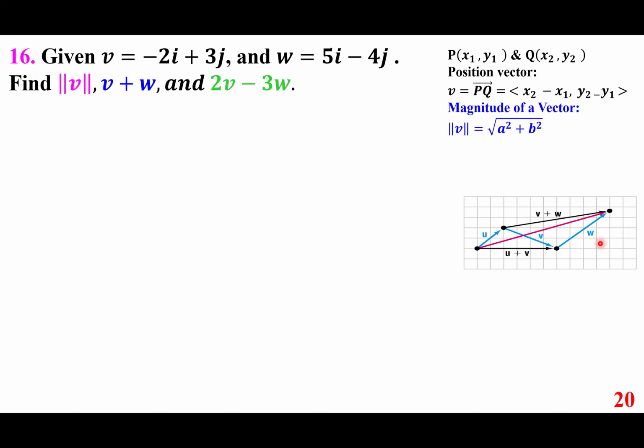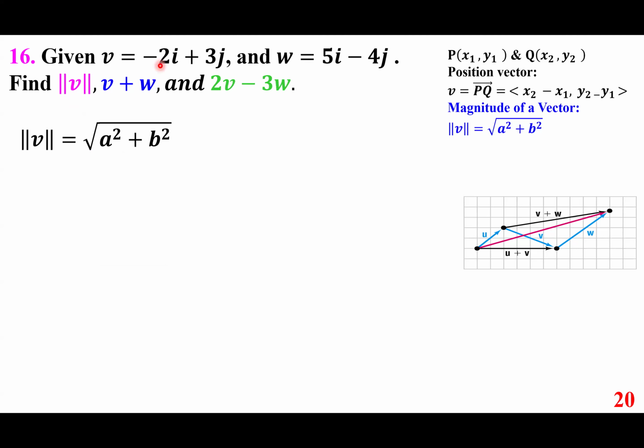Now, if you want to add w to that, here's the terminal point of u plus v, here's the initial point of w. You connect them, and the red one is the result. This is how you do that, the triangular method, the parallelogram method.